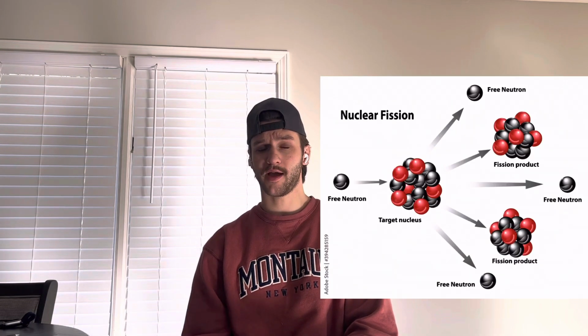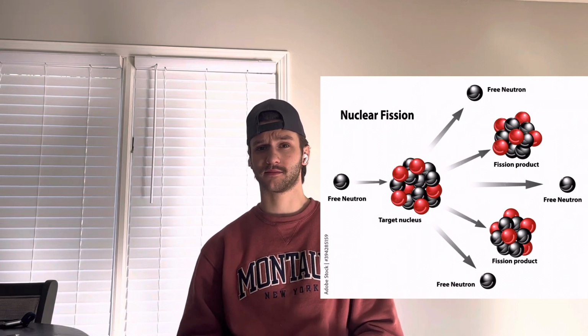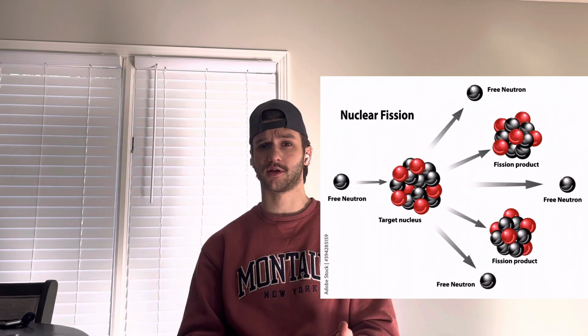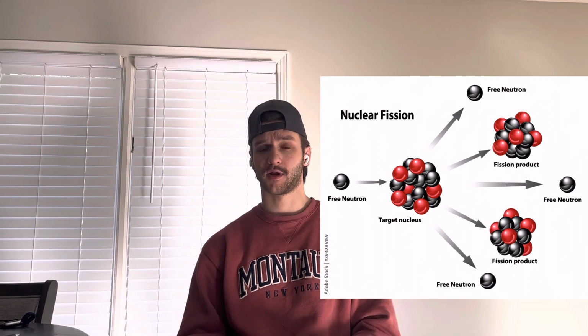Atomic bombs work by using the process of nuclear fission, which is when heavy nuclei atoms split apart and release neutrons, which sets off a nuclear chain reaction and radioactive decay occurs.